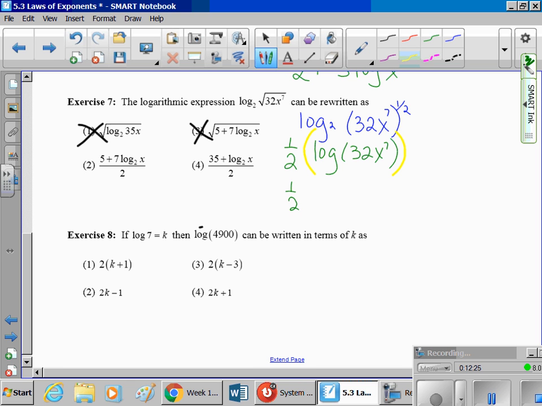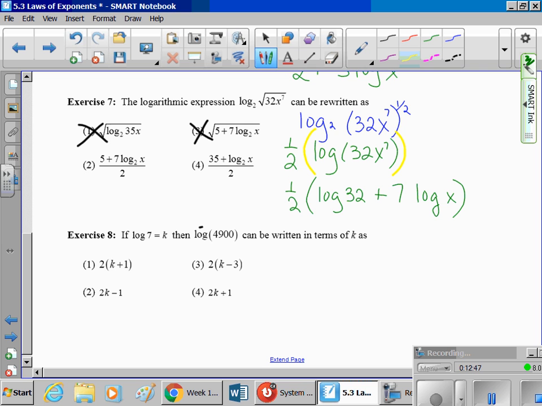So this is 1/2 log of 32 plus, and now this is where you start getting really fancy because you can just kick that 7 out front, log of x. So I skipped a step there. Hopefully you're comfortable with that. I applied the power law at the same time as the product law.